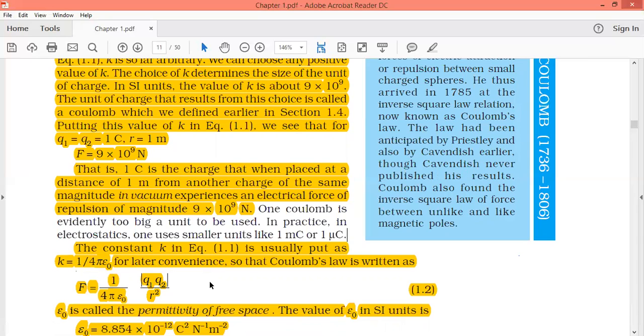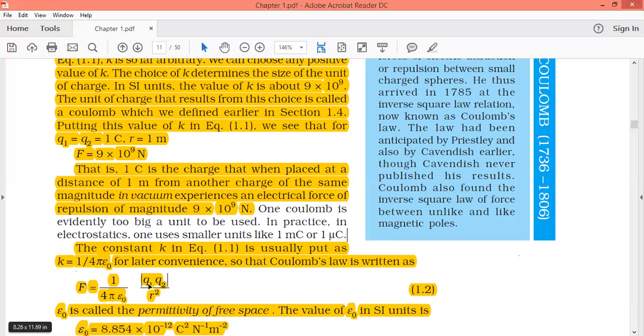Okay, so Coulomb's law now we will write, K will be replaced with 1 by 4 pi epsilon naught into mod magnitude. Okay, so if you take magnitude, either it is positive or negative, if you take mod, we will be getting positive only.